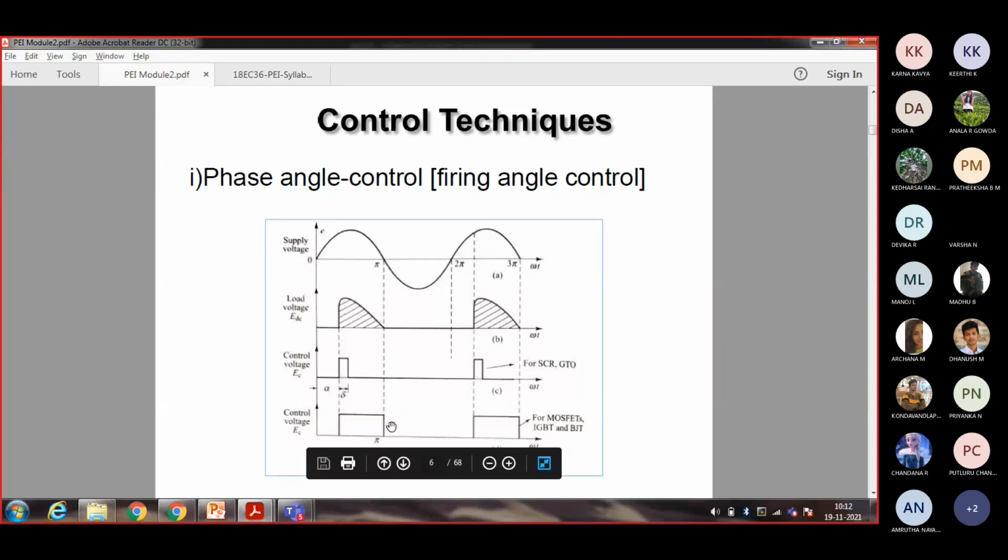This is how it comes. For SCR, you get it as a very narrow pulse. For other devices like MOSFET, IGBT, and BJT, you get a wide pulse till the end of the half wave. So the phase angle can be controlled over there.